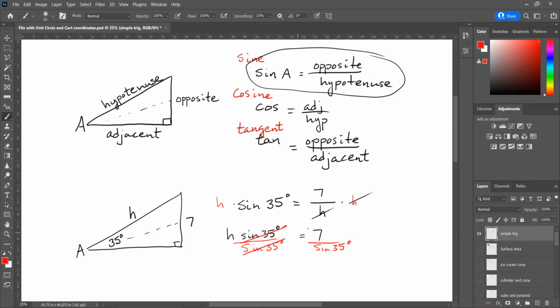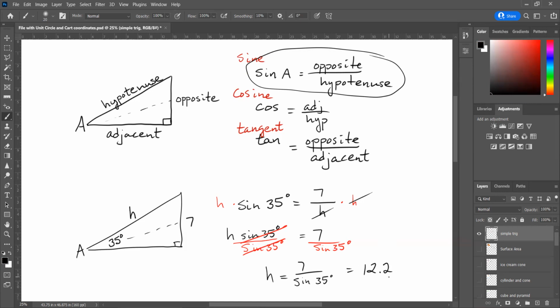Sine of 35 divided by sine of 35 is 1, and I am left with h equals 7 divided by the sine of 35 degrees. When I plug that into my calculator, 7 divided by the sine of 35 degrees, I get 12.2 as that length.